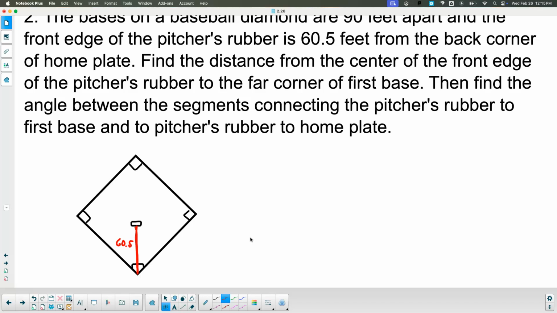What is this distance here? 90. Okay. The first question it's asking is to find that pink distance.